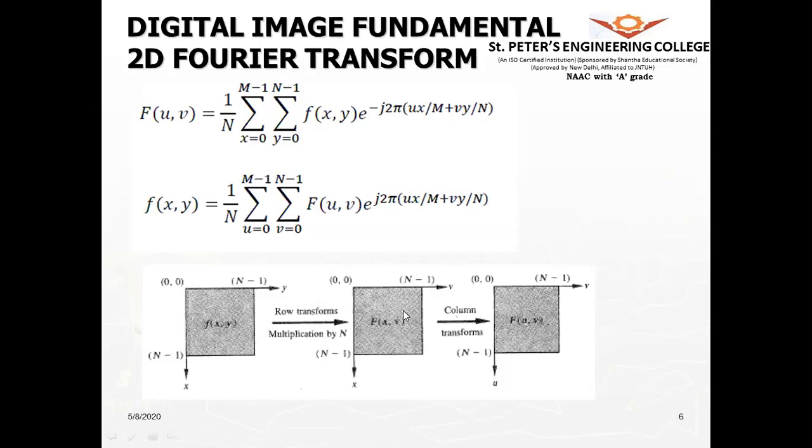Then on this matrix, when you perform the column transformation, you get F of u v. So this is the technique involved in finding the 2D Fourier transform.